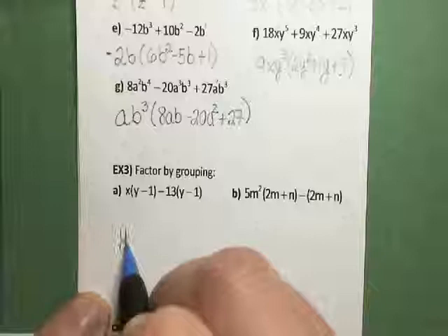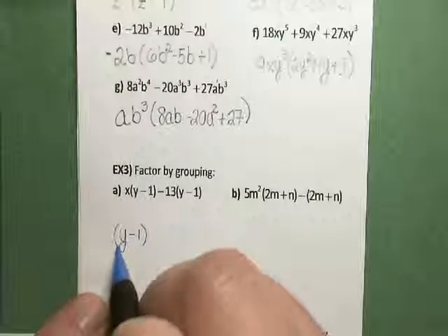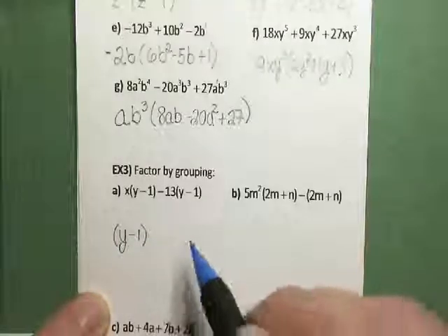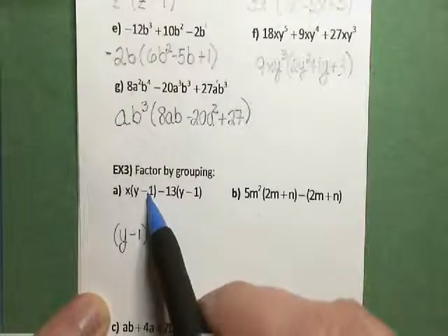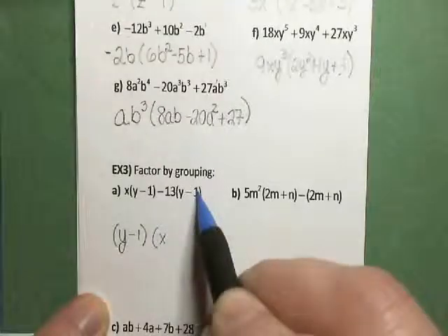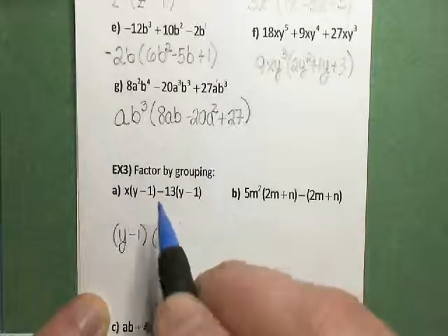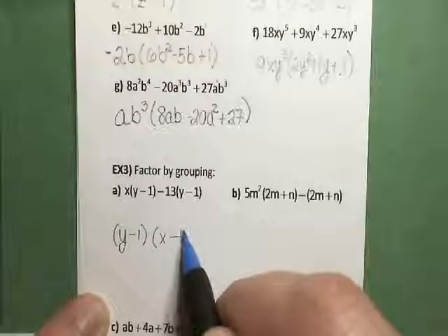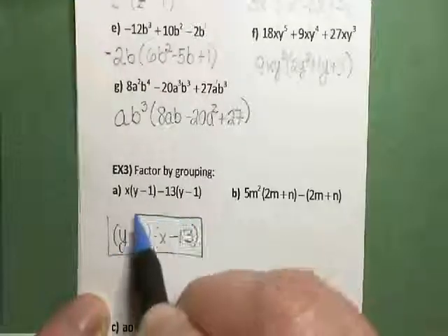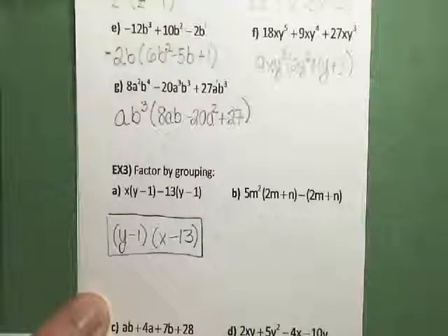If I take out the y minus 1 here, I'm left with x. And on the second term, I'm left with negative 13. And that is my answer to my factorization.